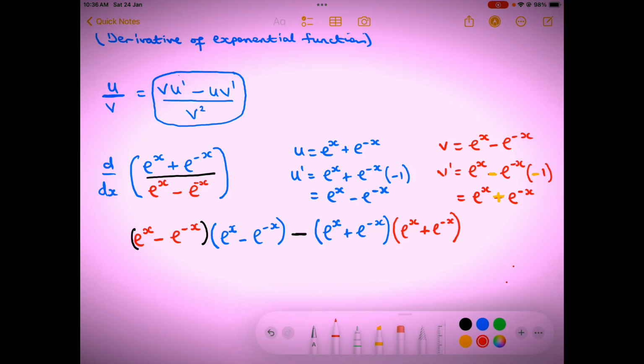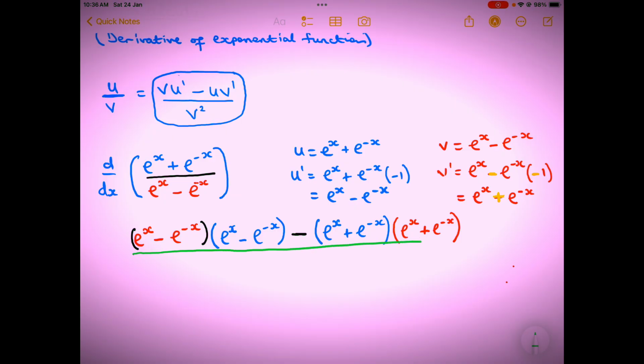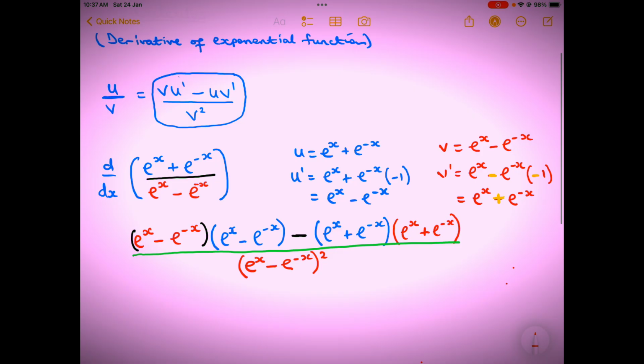So we now divide everything here by v squared, and we know our v to be e to the power of x minus e to the power of minus x, all squared. So guys, this is what we have, and at this point we are going to simplify further. Let's take our time and see how best to simplify this, right?